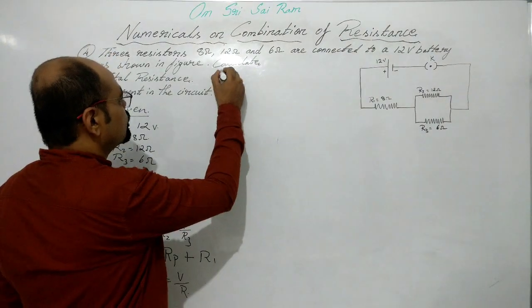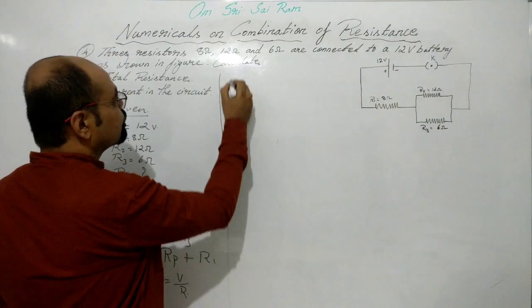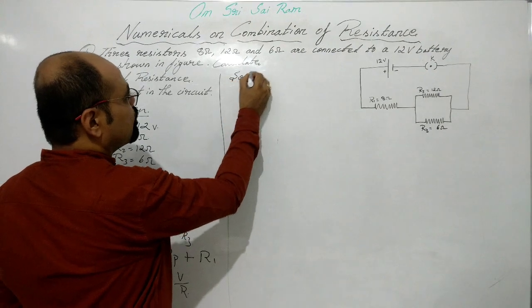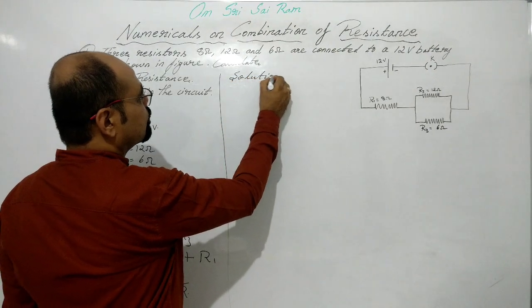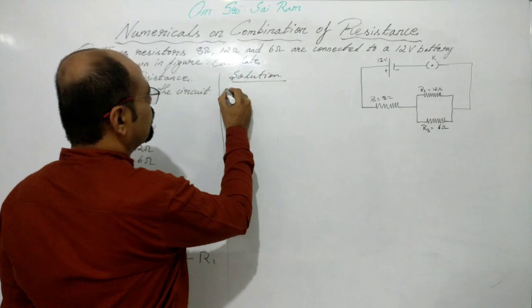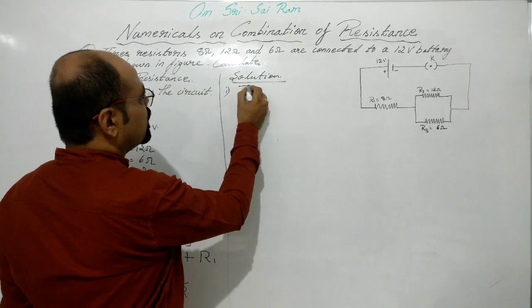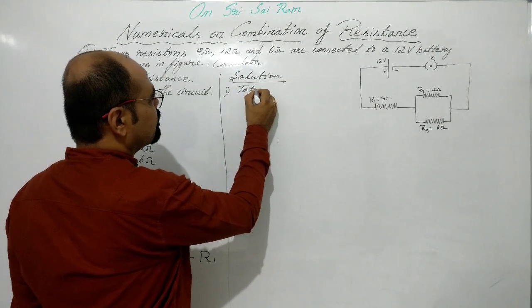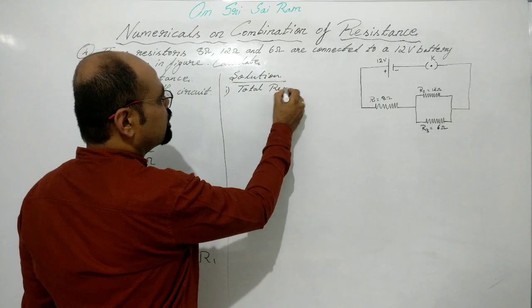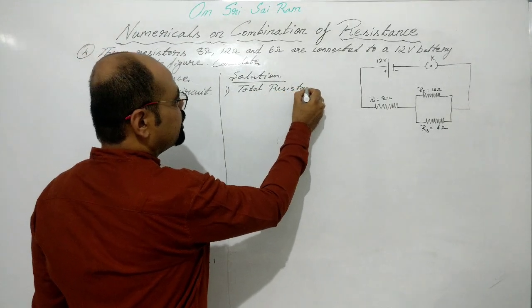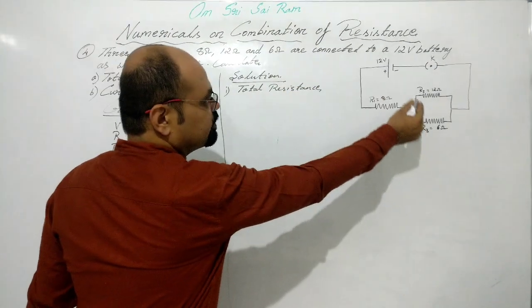Now the solution. Let's go for the solution. First one, total resistance. We have to calculate the total resistance. In that we will be taking these two first.